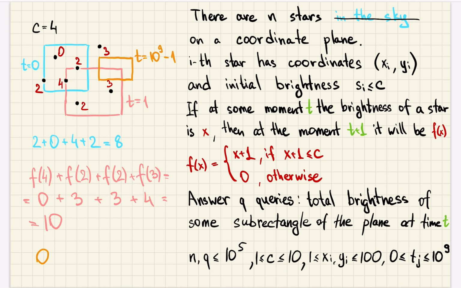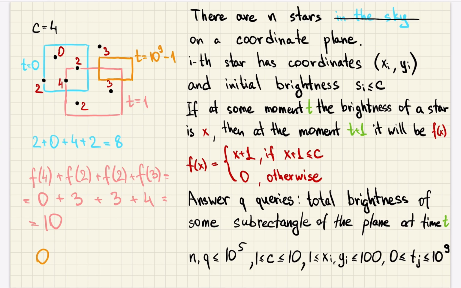So it will be f of 4 plus f of 2 plus f of 2 plus f of 3, and 4 plus 1 will be 5, but 5 is bigger than c, so it is 0, and for all others it is x plus 1, so it is 3, 3 and 4, and the sum is 10. And for the third query, in the orange rectangle there are no stars, so their total brightness will be 0, independent of the time at which we look at that rectangle.